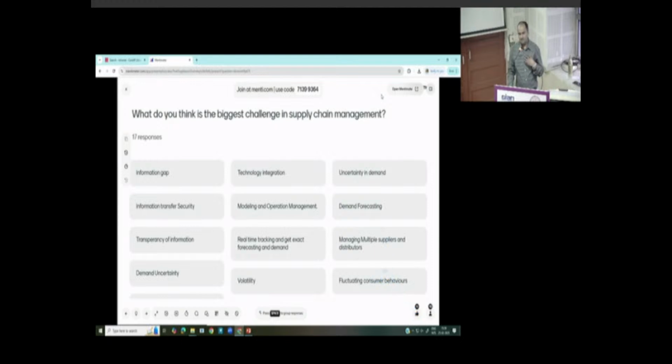Suppose I am a retailer, and if I am not telling the distributor what the stock is at my retail shop or retail warehouse, and how much demand I have, then how can the distributor send the products to me? So that's why each and every member of the supply chain needs to share information with the other members.